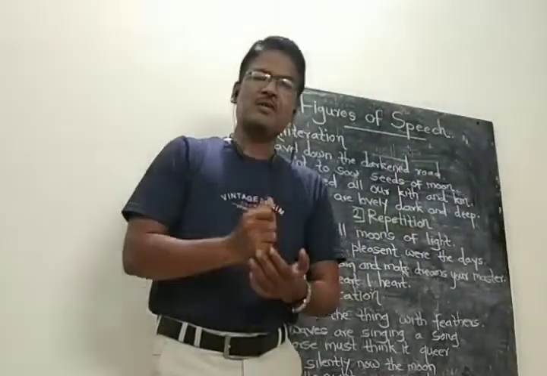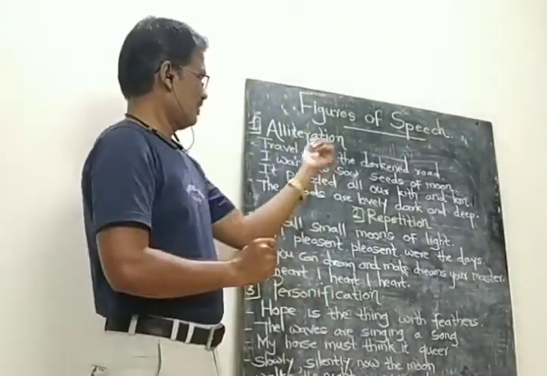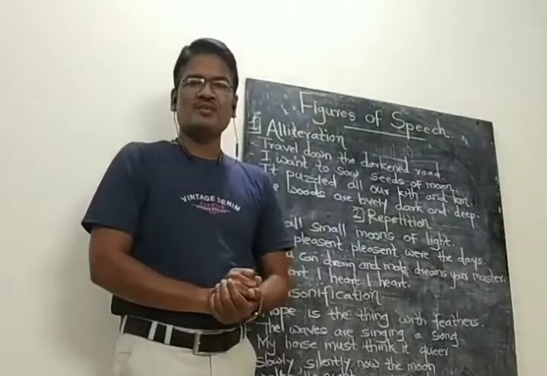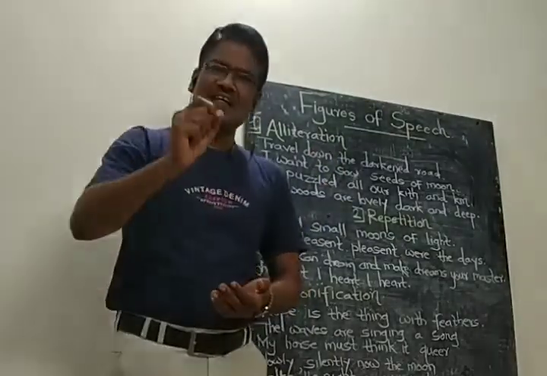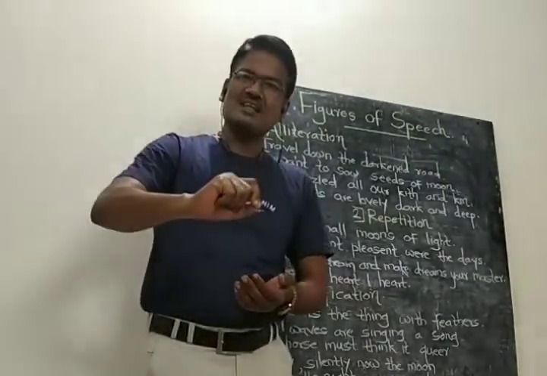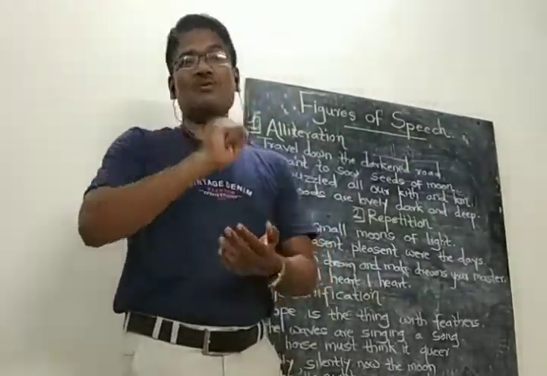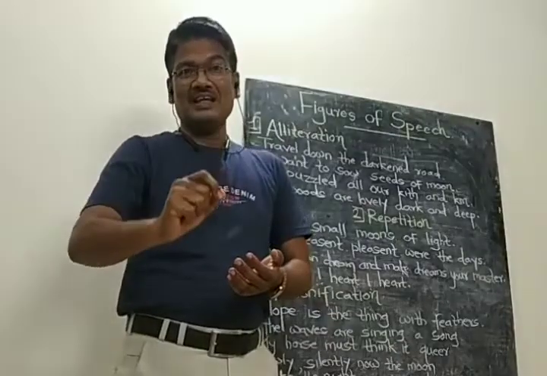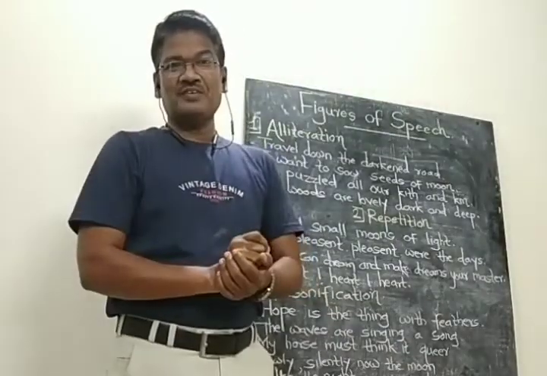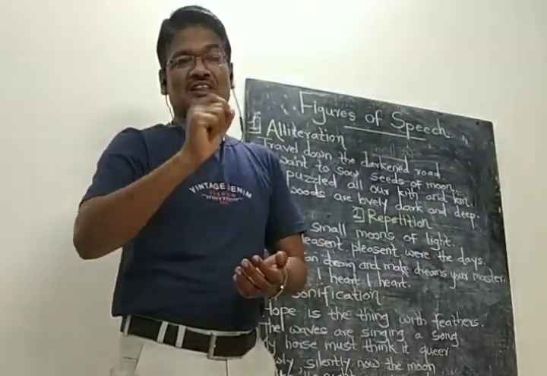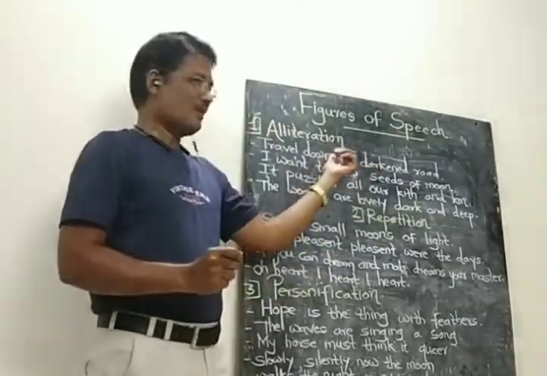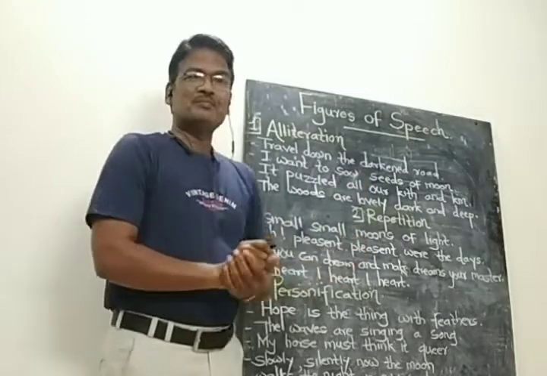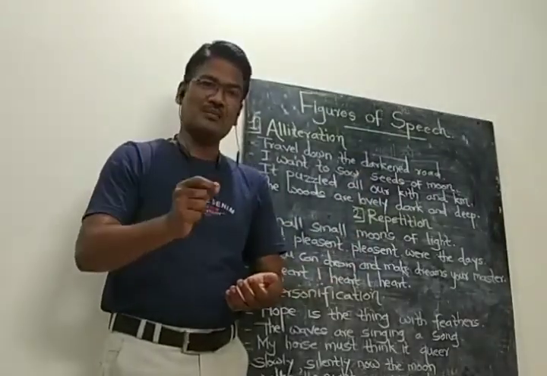Let us see the first figure of speech. Alliteration. What is meant by alliteration? In a sentence, when there is a repetition of sound, it is called alliteration. In our poems, such types of examples are there.